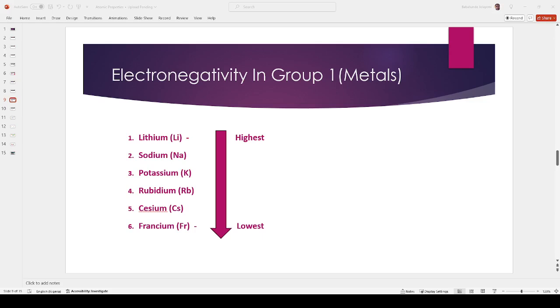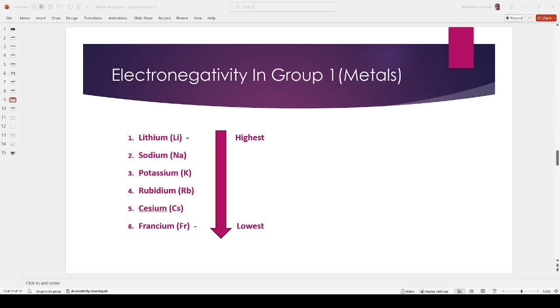In group 1, the elements are all metals, ranging from lithium to francium. The most electronegative element is lithium, whereas francium is the least electronegative element.